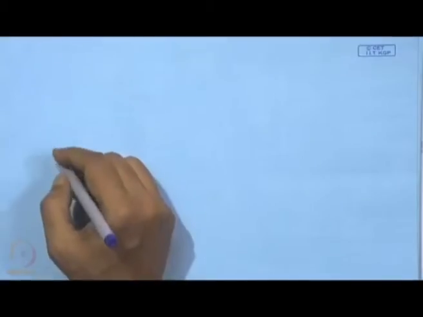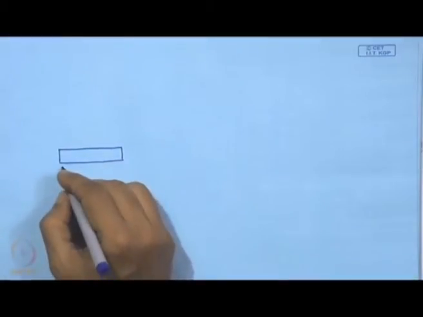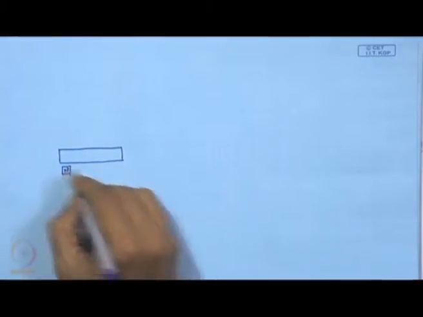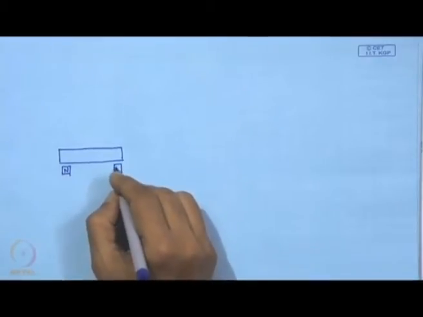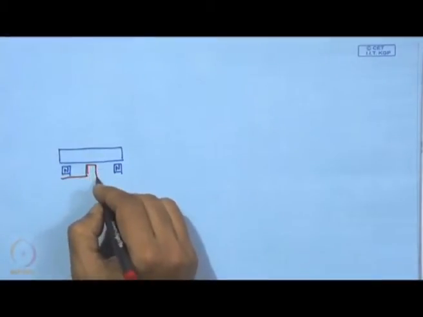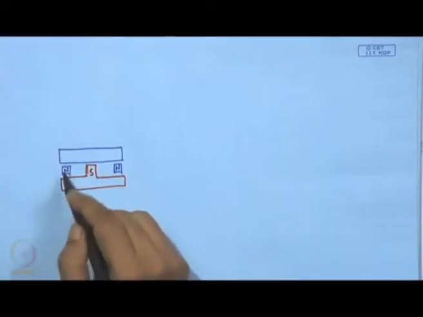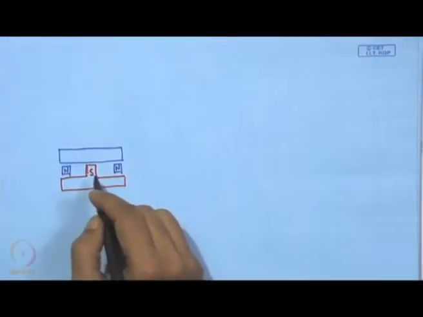If we have a single target just like this, it is a single target machine where we have the north, that is the ring, and the central one, that is the south, the pole piece, and this ring is stronger than the central magnet.